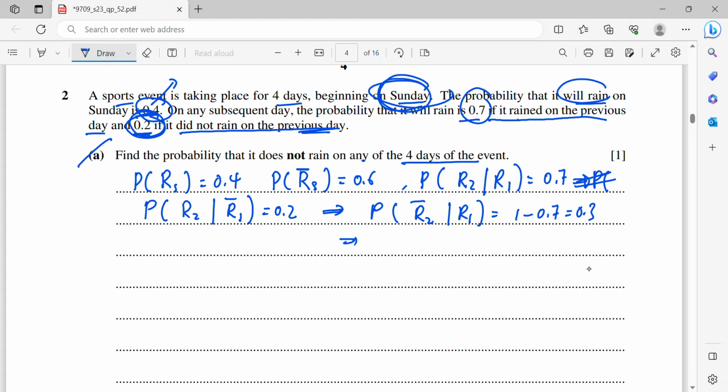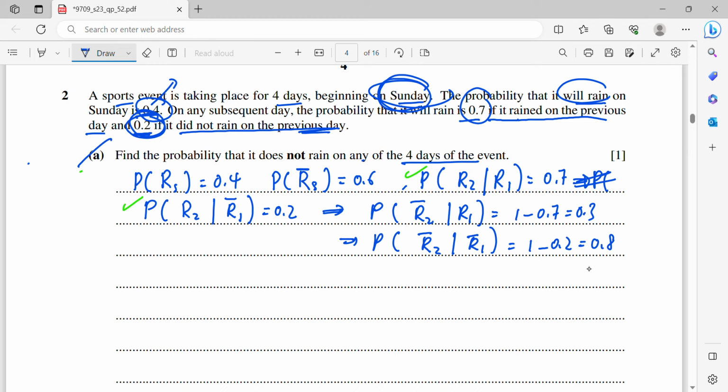And the probability that it will not rain on the previous day and it does not rain on the next day as well will be 1 minus 0.2, which is 0.8, based on all this information. Because when you observe a day, it will be just raining or not raining.